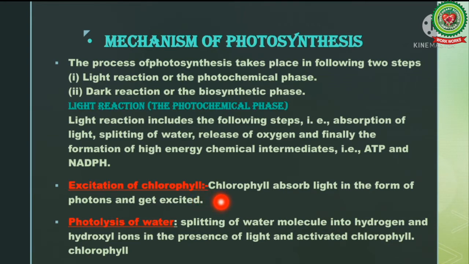So photolysis is actually the splitting of water molecule into hydrogen and hydroxyl ions with the help of light energy. The radiant energy from sunlight is absorbed by chlorophyll and it is transferred into chemical energy. This chemical energy is capable of splitting water into hydrogen and hydroxyl ions.